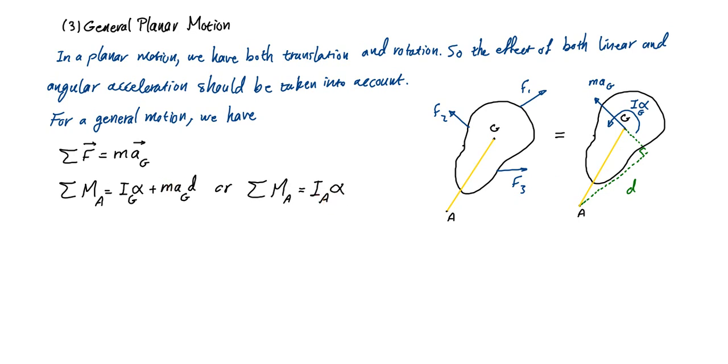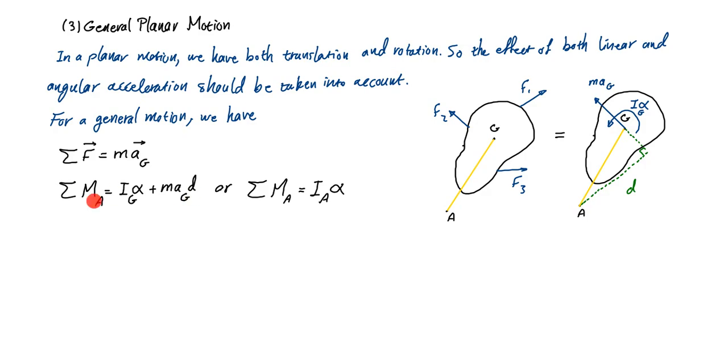So you can use any of these equations when you're dealing with rigid body motion. You can either find the mass moment of inertia about the center of gravity and find the acceleration of the center of gravity, as long as you know the distance between the center of gravity and the point that the rotation is happening about. You're good to go.